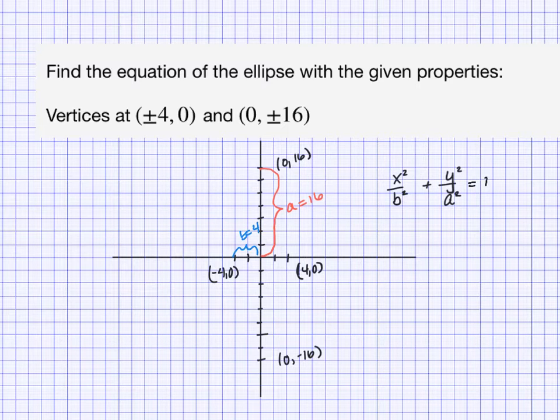So filling out the equation over here, I have x squared over 4 squared plus y squared over 16 squared is equal to 1. And that's the equation of that particular ellipse.